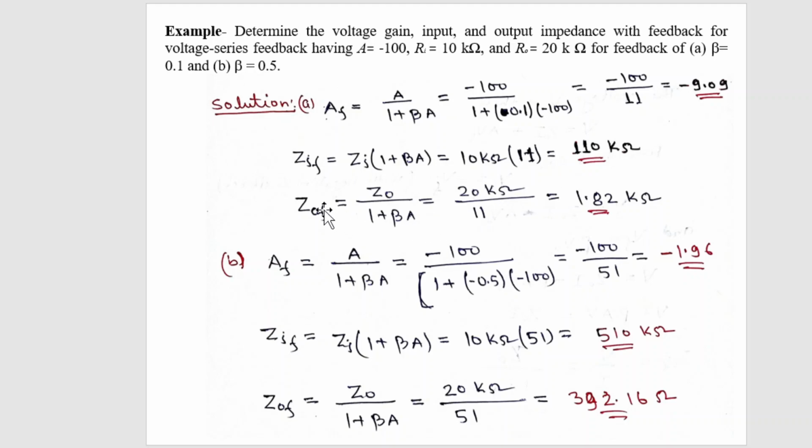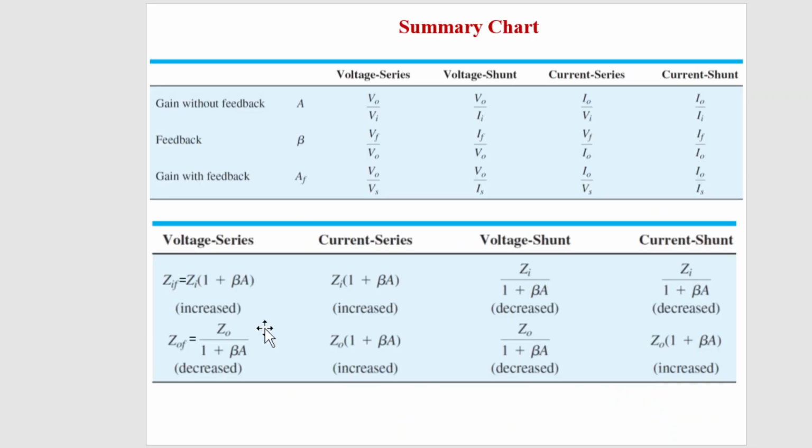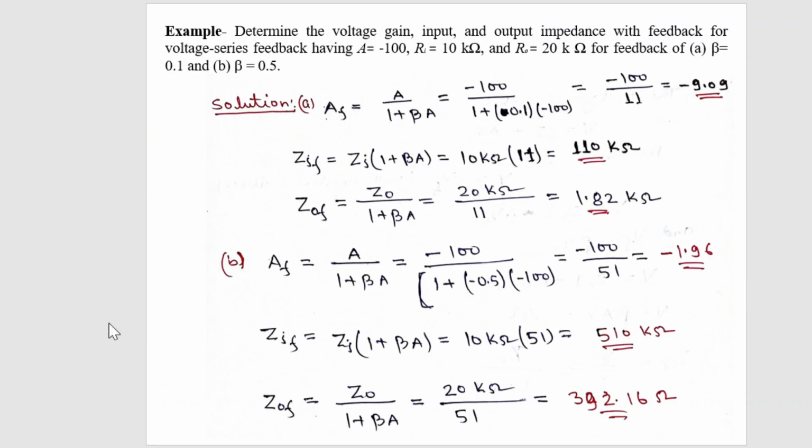Similarly, we calculate the output impedance. If you remember the table, for voltage series feedback the output impedance Z naught upon 1 plus beta A is decreased. So ZOF is equal to Z naught divided by 1 plus beta A, where Z naught is 20 kilo ohm.